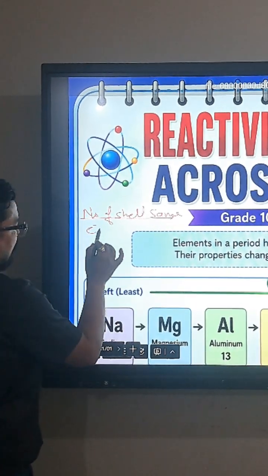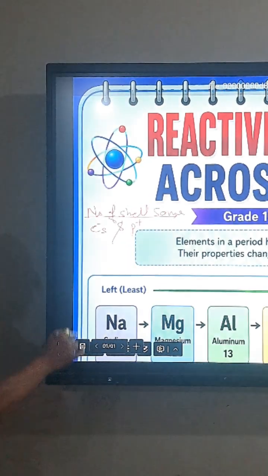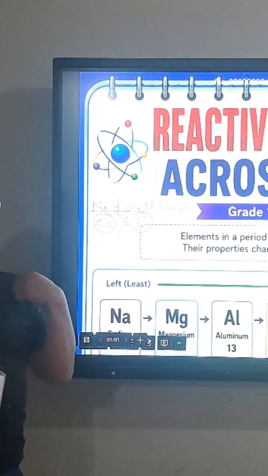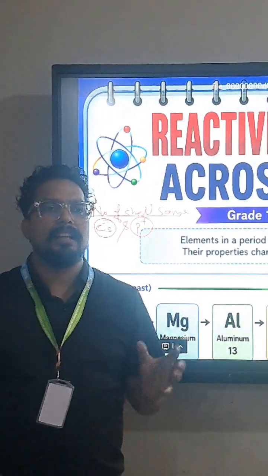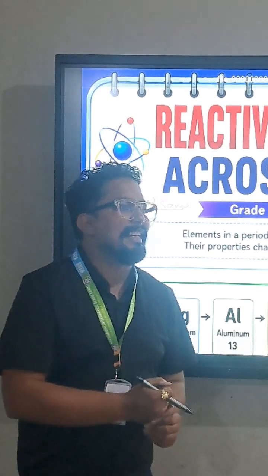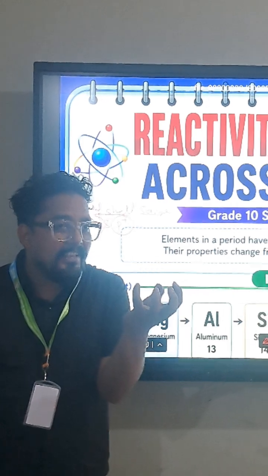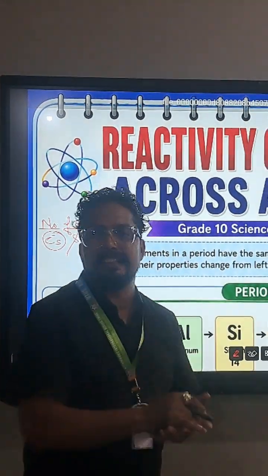But electrons and protons go on increasing. And you know that they are opposite charge particles. When their number increases, the attractive force also increases. And that's why they shrink. That's why when we move from left to right, the atomic size decreases.